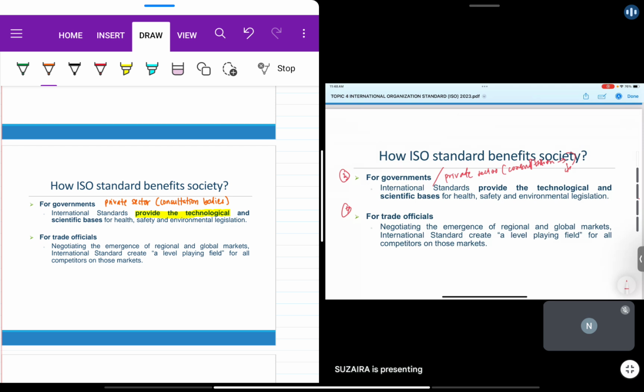You need to review a lot of documents. You need to compile a lot of documentation to make sure that they can get the certification, the certificates. So in terms of the government or private sector, this standard can be used as a guideline, guidelines to help them during the auditing process.